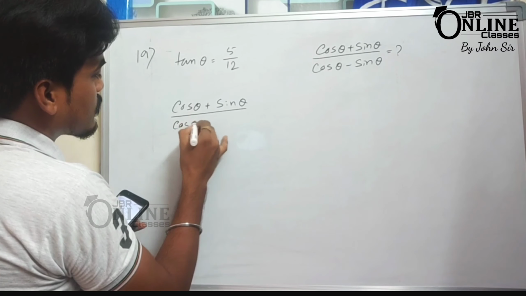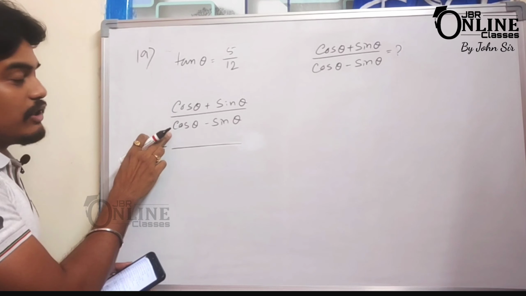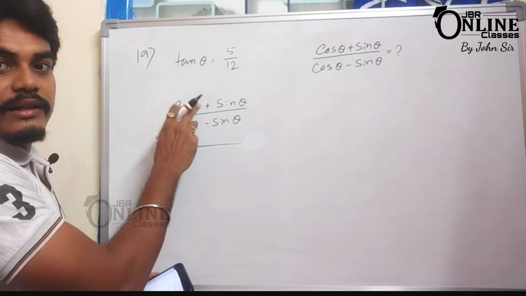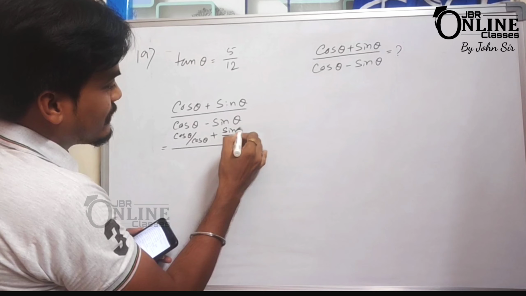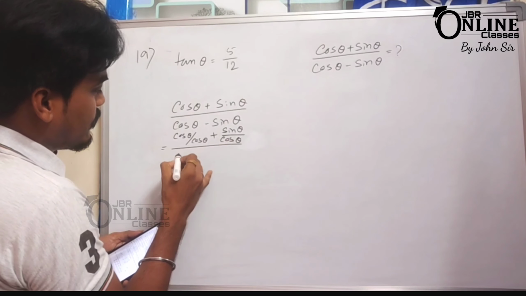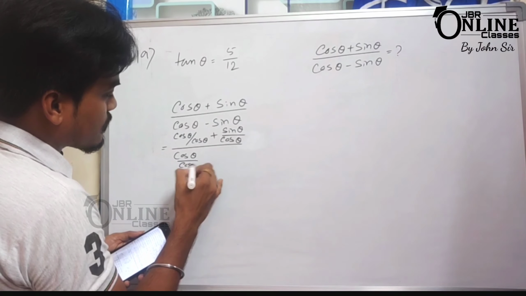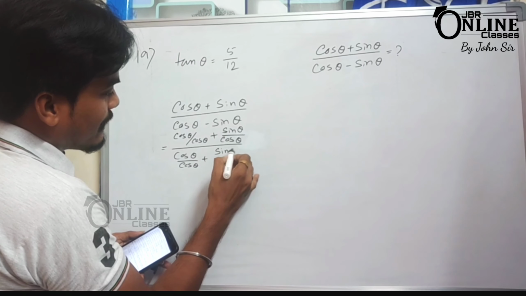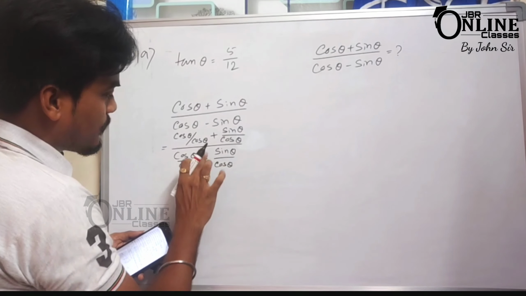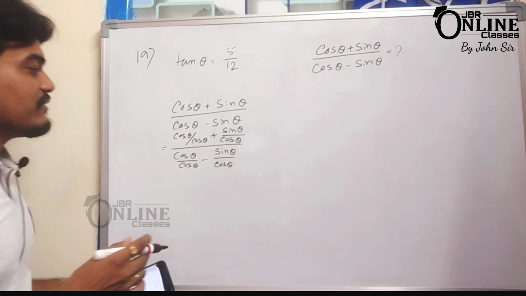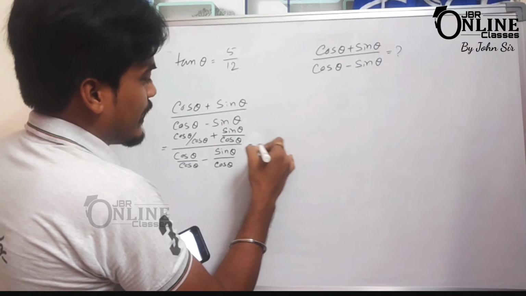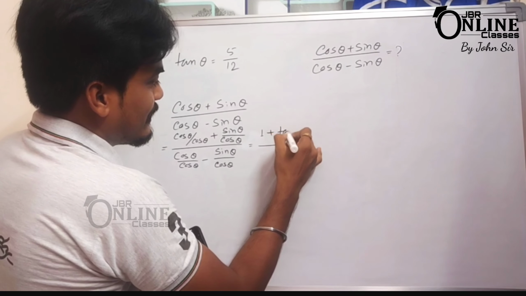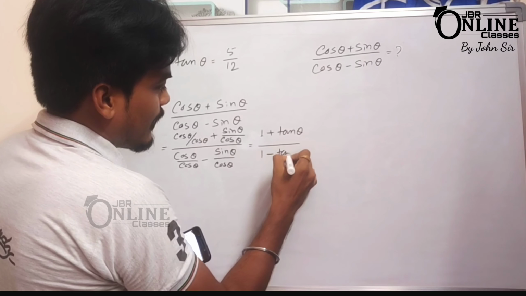Now divide the numerator and denominator both by cos theta: cos theta by cos theta plus sin theta by cos theta, and denominator cos theta by cos theta minus sin theta by cos theta. So that equal to 1 plus tan theta over 1 minus tan theta.